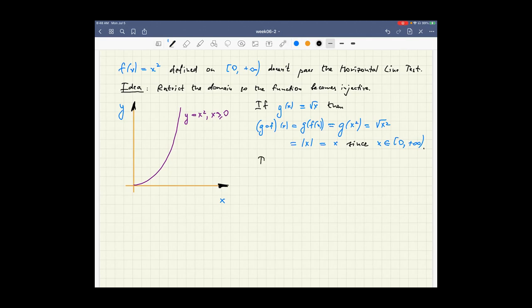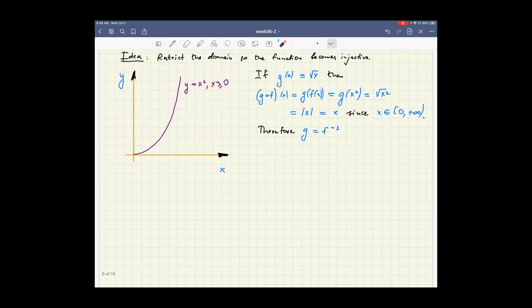And so the function g so defined is indeed the inverse of f. This time f passes the horizontal line test. Note that in this case, the domain of f is the interval from 0 to positive infinity, r greater than or equal to 0.